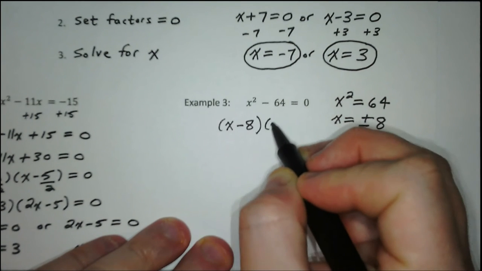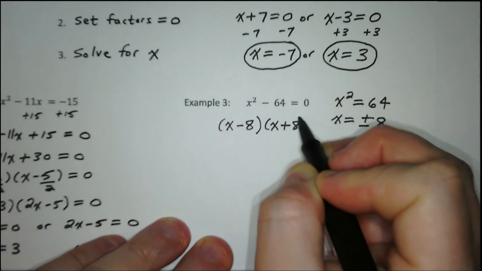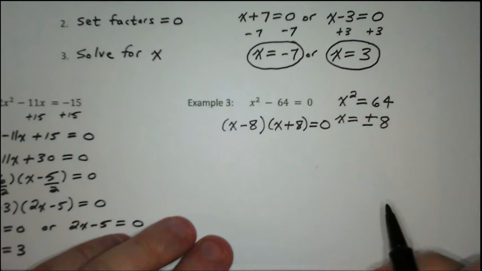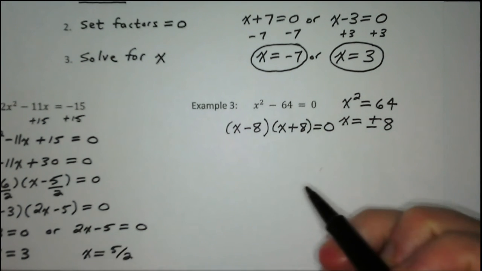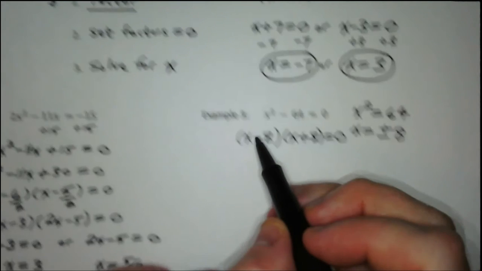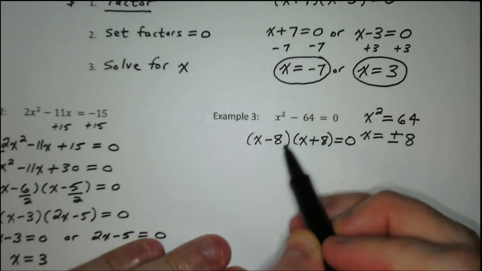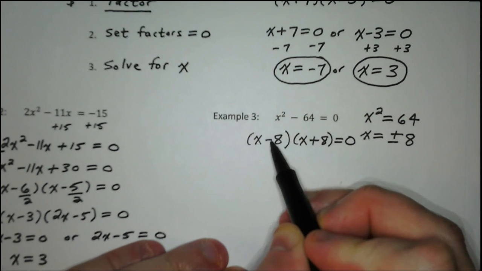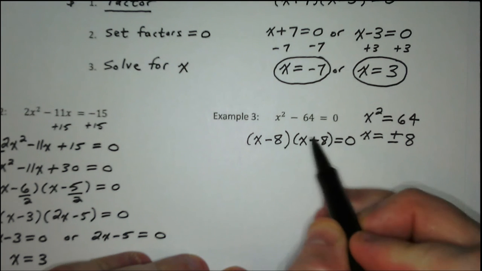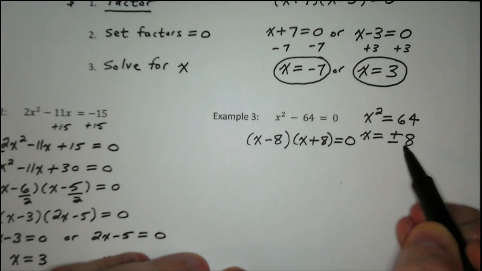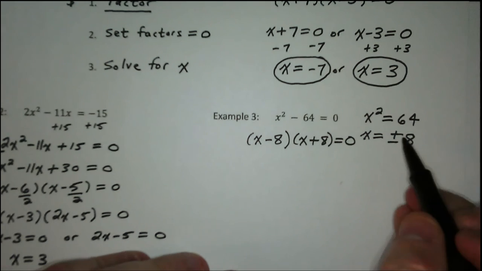It's special case unfoil, because it's the difference of 2 squares. And so when you factor, you get these 2 factors, and once you set each factor equal to 0 separately and solve each of them separately, you're going to get plus or minus 8 again.